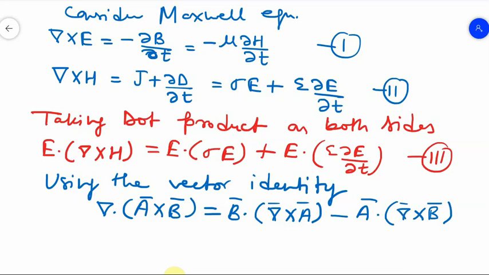Now applying this vector identity to equation 3, where in place of A we put E, and in place of B we put H. So what will we get?